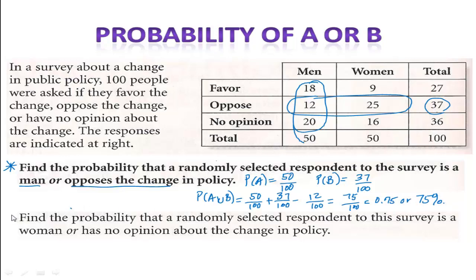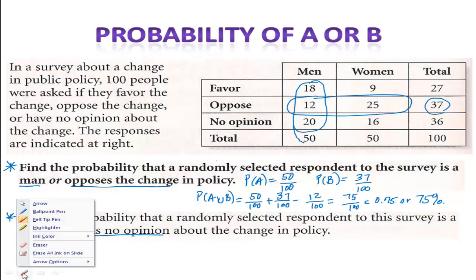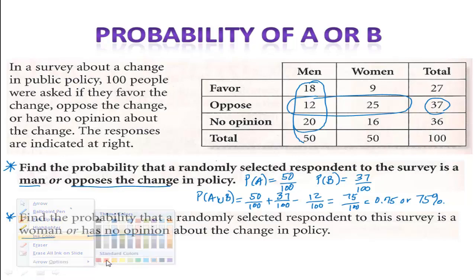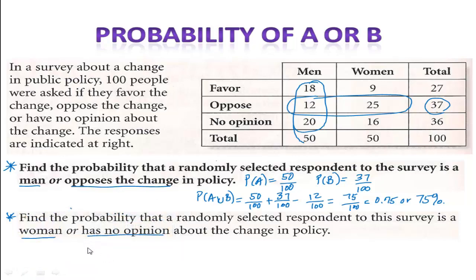For the second one here, find the probability that a randomly selected respondent to the survey is a woman or has no opinion. Again, let me change color so we're not confused with what we did with the men. The probability that it's a woman, the probability of event A, is 50 over 100 because there are 50 women.